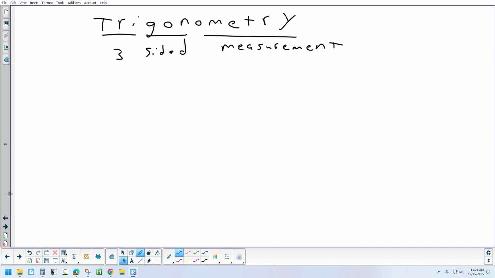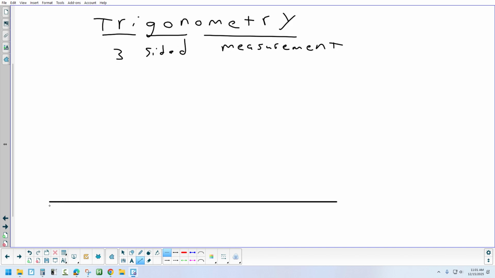Triangles have angles and they have sides, so depending on what we want to know, we might be measuring one or the other. Let's say, just as an example, we had a building over here at a 90-degree angle and a person standing over here. Let's say that person knows how far they are from the building. They're 500 feet away.